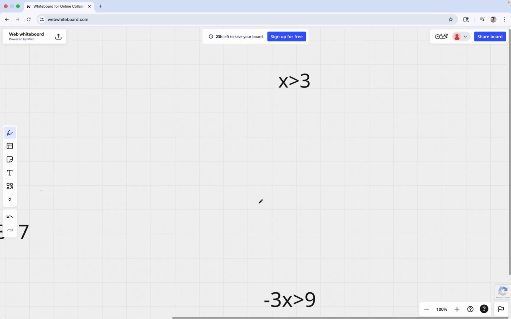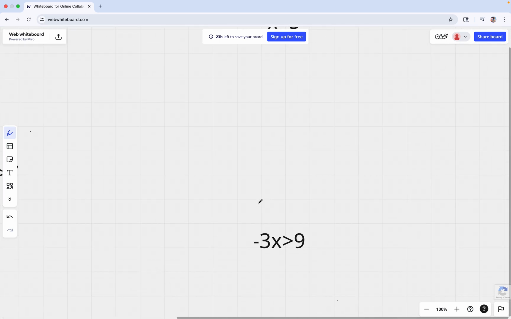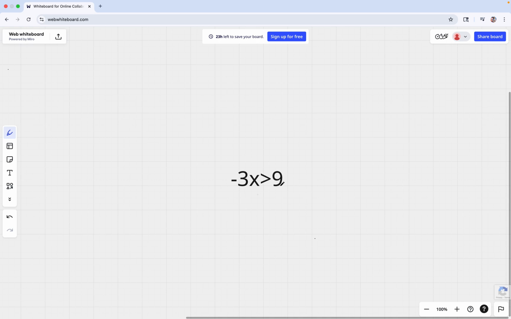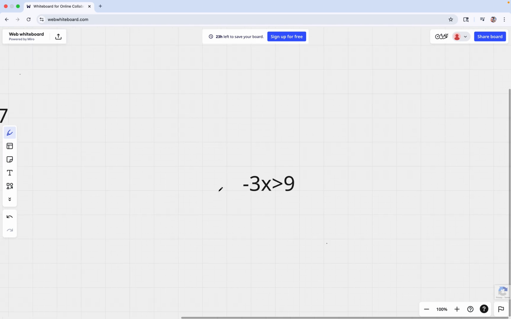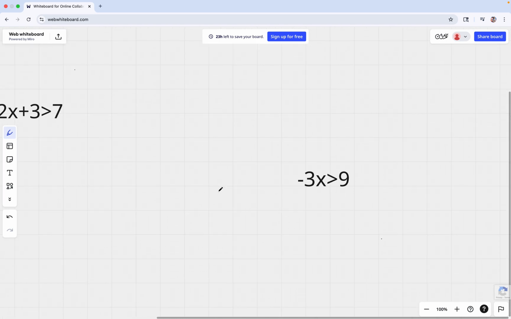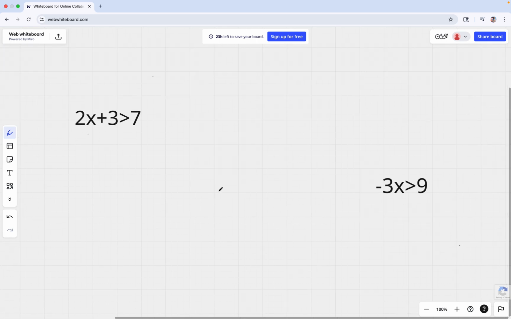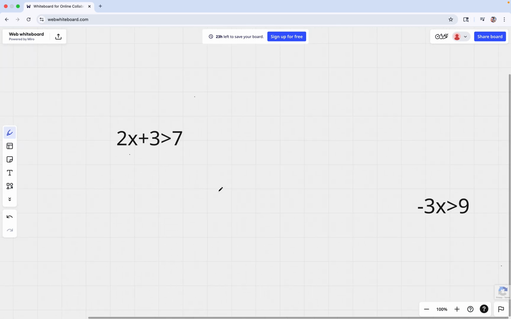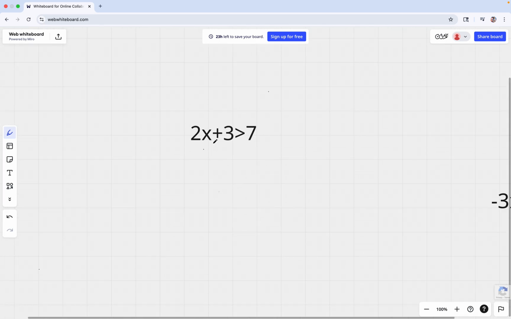Okay, so let's go to the problem we saw in the slides. It's this: -3x is greater than 9. This is probably the more difficult one that I'm going to teach you today. But before we do that, let's do a little refresher of what we learned last class and try doing this. This is basically the exact same thing, just instead of the equal sign, we have this right here.